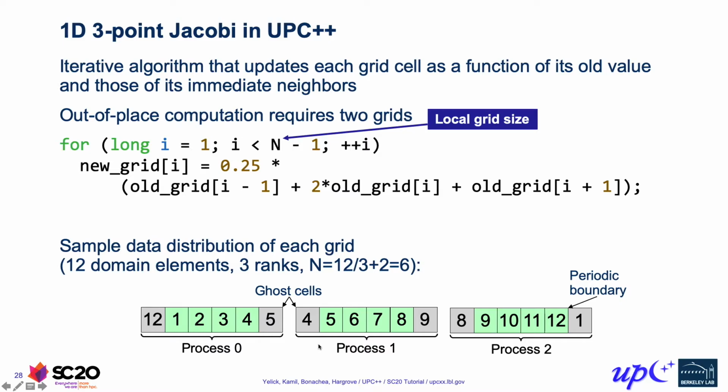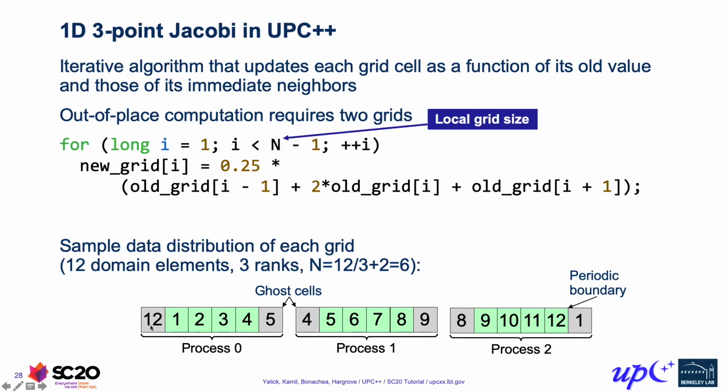So the edge elements on our neighboring process. So for instance, over here, process 0 has a copy of the left edge element of process 1. And we'll also work with a periodic boundary condition. So process 0 on the left-hand side also has a copy of the rightmost element of process 2.